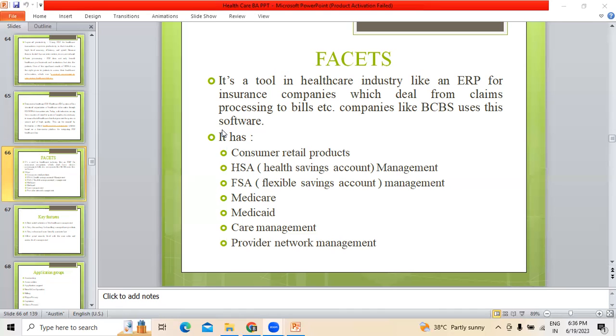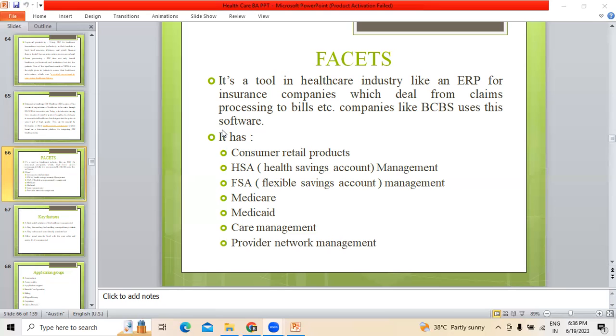Facets is an application like an ERP, because ERP means enterprise resource planning. Whatever departments we have in an organization, ERP applications are generally used to streamline all the business processes and activities, to unite them and make them stable.